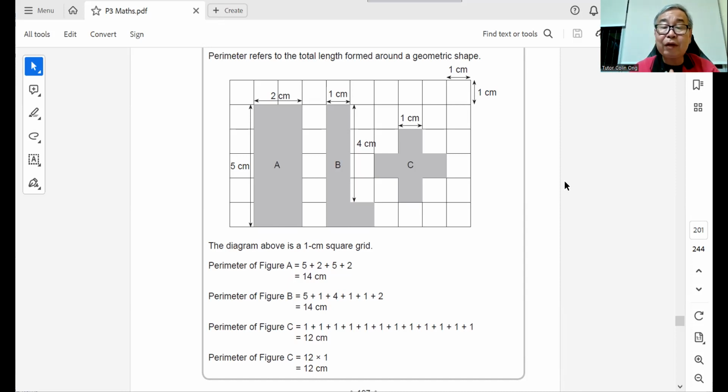In the working, they put 1 twelve times, and they put the perimeter of figure C is 12 times 1, which is 12 cm. It's the same, but the reason they put 12 times 1 is because there are 12 parts of 1 cm each. Okay, let's go to the next page.